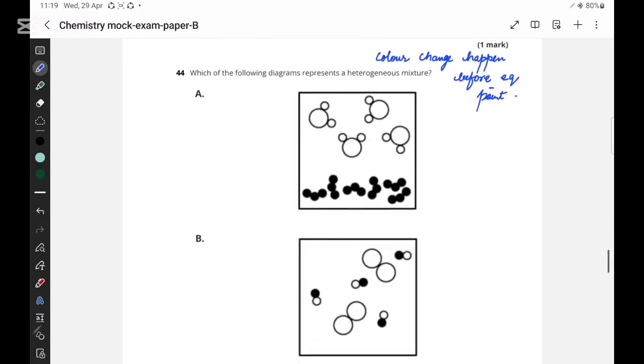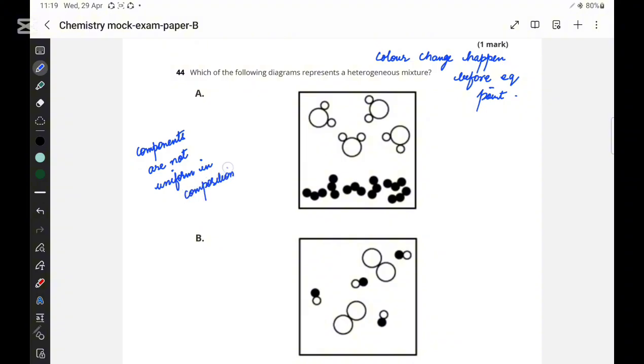So next question, question 44, they are saying which of the following diagrams represents a heterogeneous mixture? So for the heterogeneous mixture, we need to see one thing, that the components in a heterogeneous mixture are not uniform in composition.